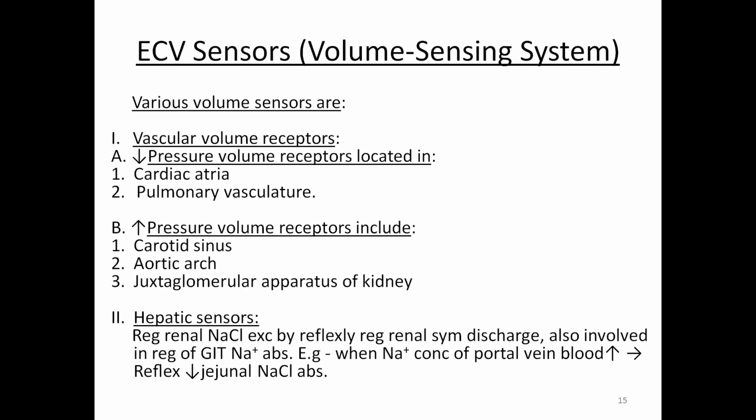Now, what are these various volume sensors which we just talked about? The receptors which are located in the vascular system and respond to the degree of stretch of the vessel wall, and not to the volume of the vessel, are the volume sensors or volume receptors that I just spoke about, also called baroreceptors.